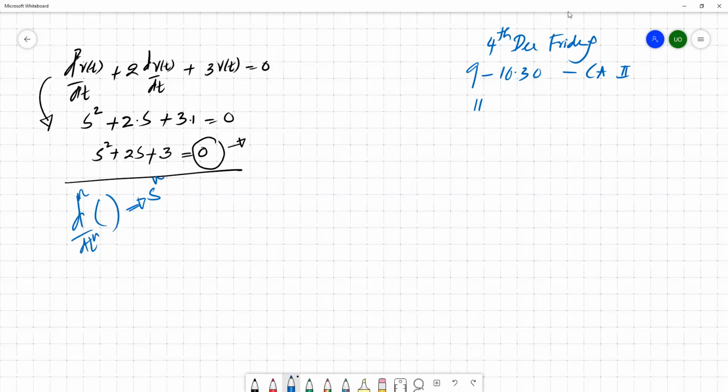So then, how to write the natural response? We basically discussed this in the second order circuit. If you want to get the natural response, this is your characteristic equation.